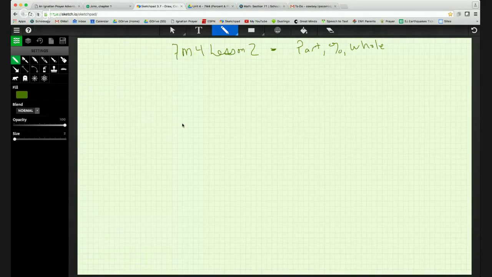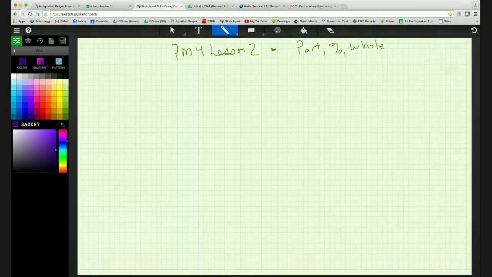Let's start off with this part, percent, whole equation and remind us where we've been. The part equals percent times the whole.